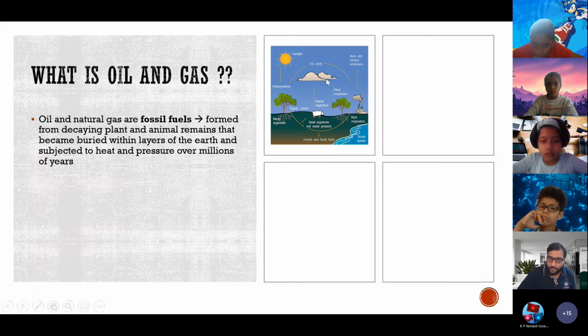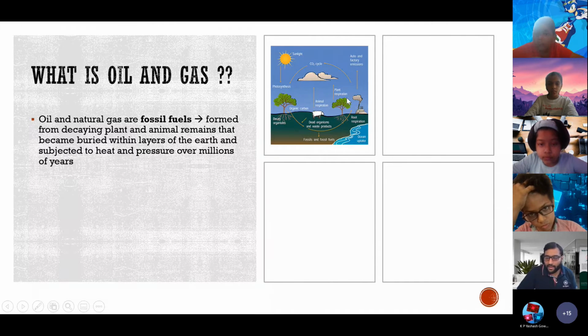So in the picture, this is a life cycle. These are plants, animals. When they die, when they decay, after hundreds, thousands of years, they become fossils, and that is how fossil becomes fossil fuel, which is later extracted as petroleum or gases, right?